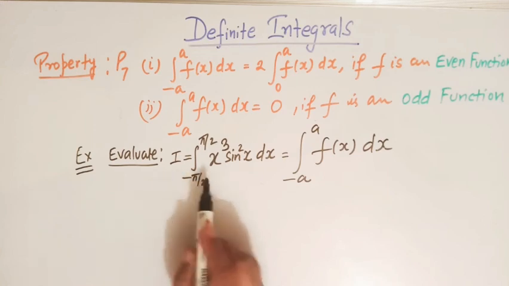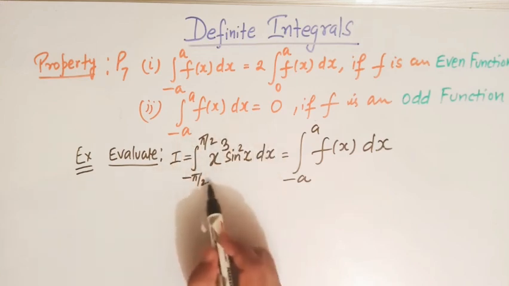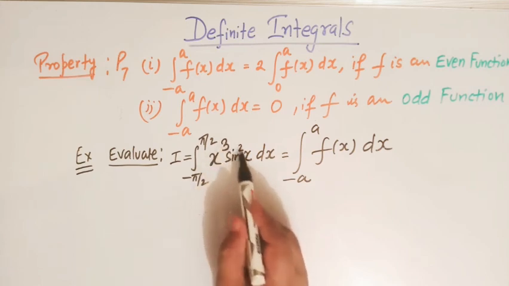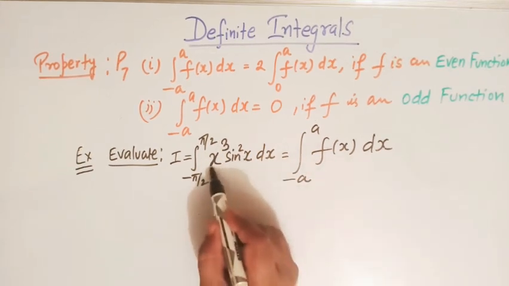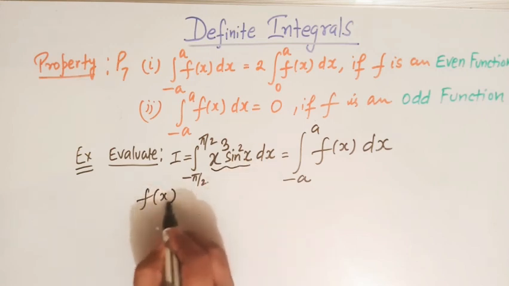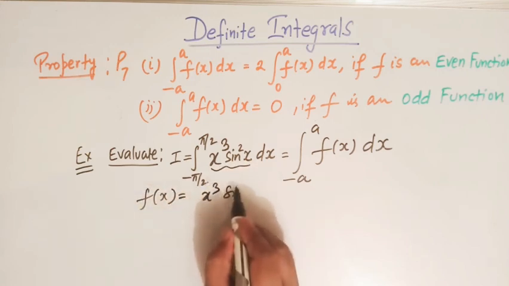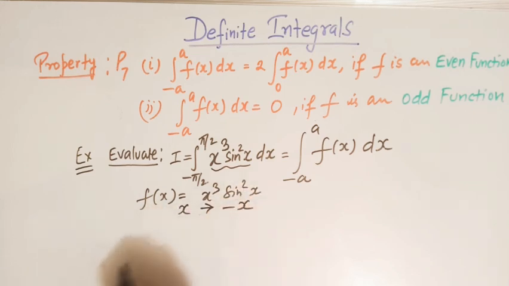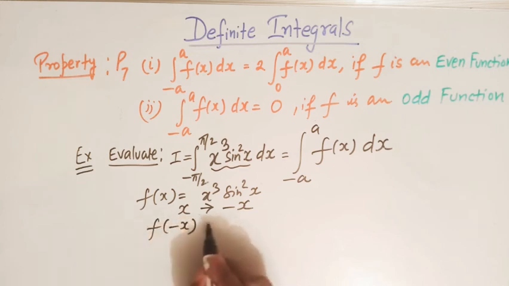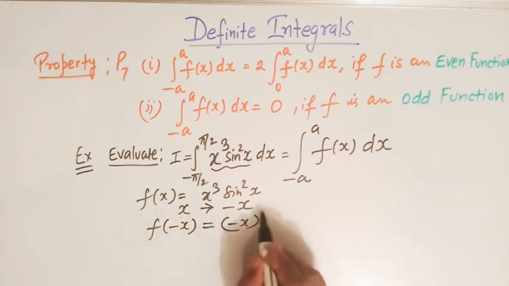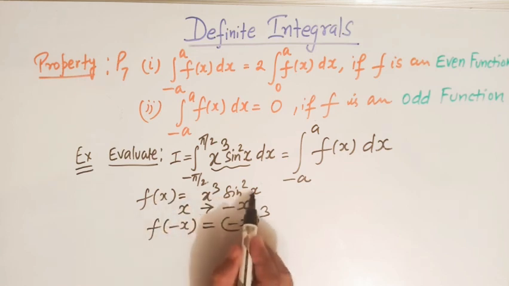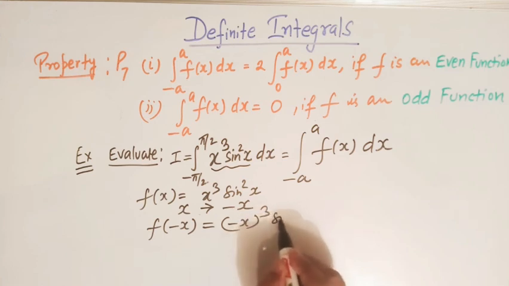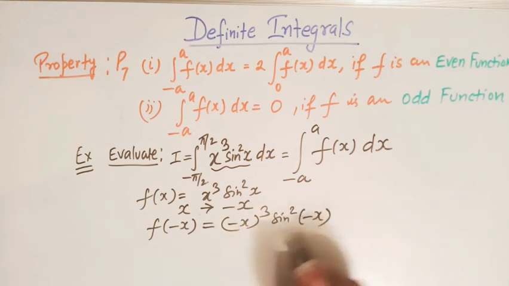Now here let us solve this integral from minus pi by 2 to pi by 2, and we have x cube sine square x dx. Now again this is f of x, we have x cube sine square x. Now if we replace x by minus x, then we have f of minus x is equal to minus x cube. Here we will substitute minus x for x, so we have minus x cube, and this is sine square of minus x.